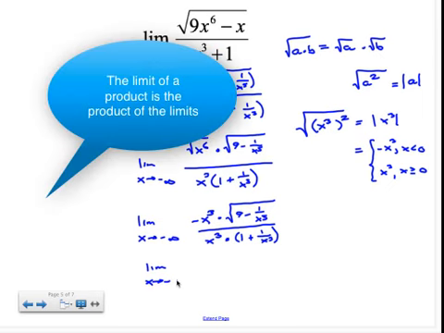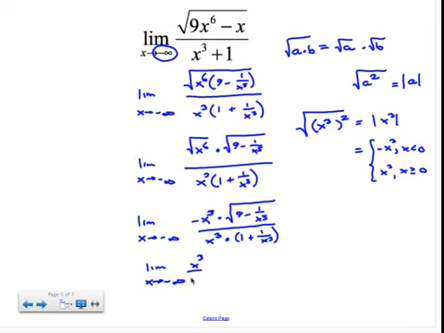The limit as x goes to negative infinity of x cubed over x cubed, times the limit as x goes to negative infinity of, don't forget the negative sign here, negative square root of 9 minus 1 over x to the fifth over 1 plus 1 over x cubed.